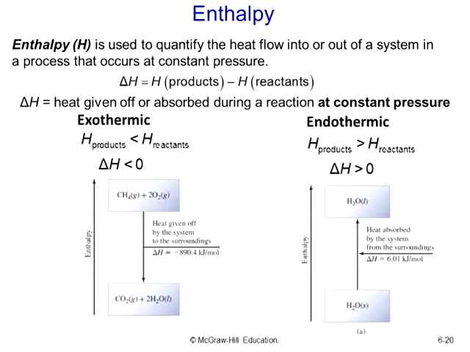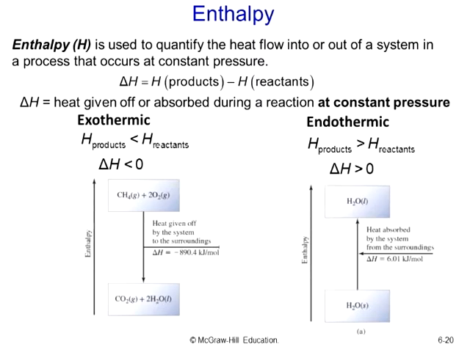So we now know that enthalpy is used to quantify the heat flow into or out of a system in a process that occurs at constant pressure. So basically, the enthalpy of the products minus the enthalpy of the reactant gives us the enthalpy change. That is what enthalpy allows us to do, to quantify the heat flow into or out of a system.